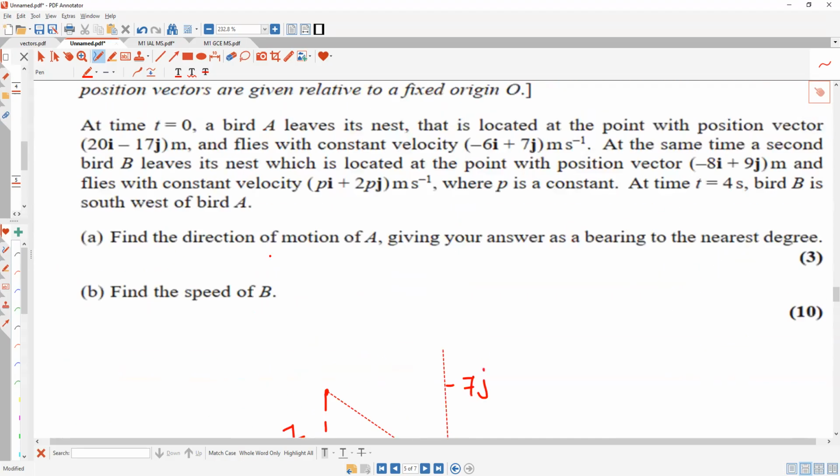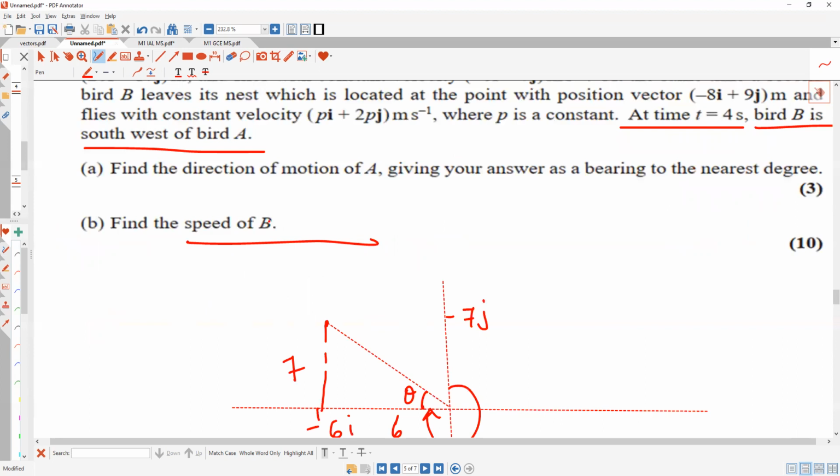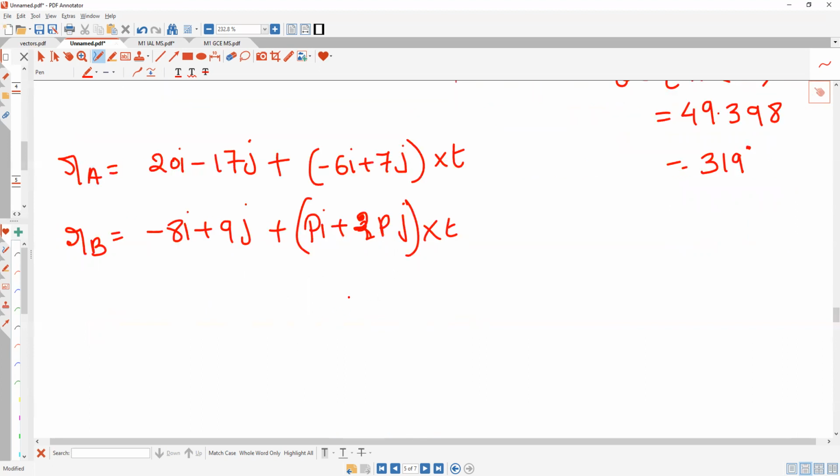What did they say? Find the speed. But they also gave us that at time t equal to 4 seconds, B is southwest. Now, can I do rB minus rA or rA minus rB? Doesn't matter. Let's find the displacement from A to B, vector AB.